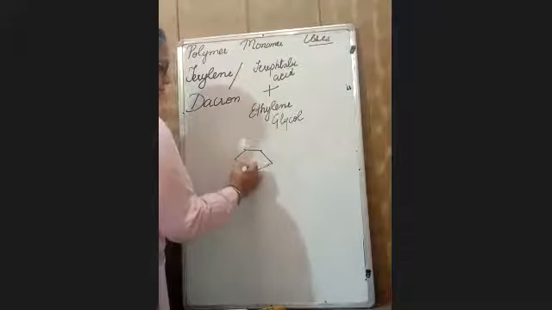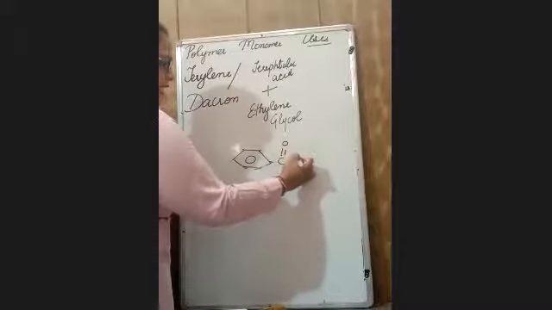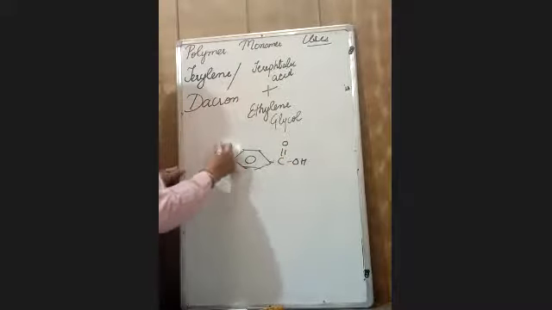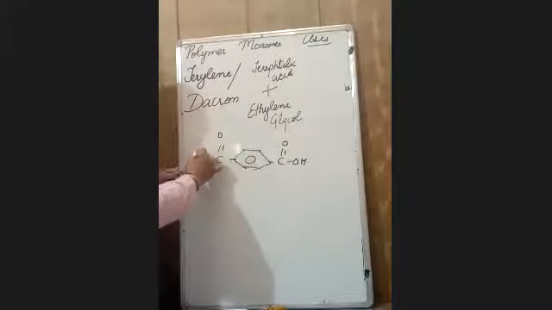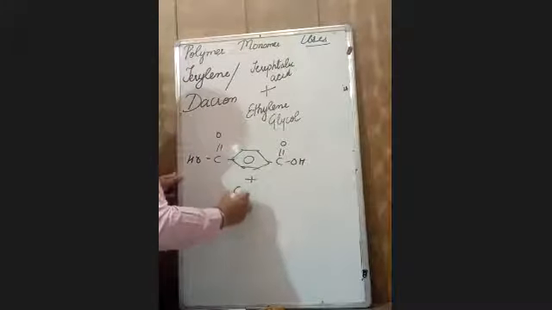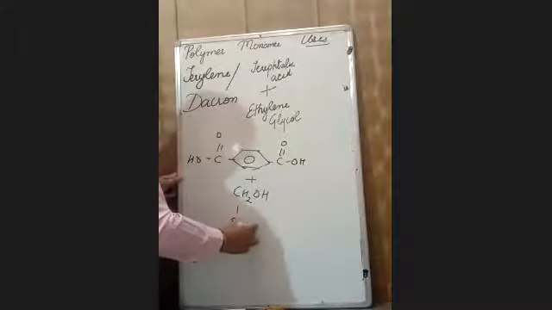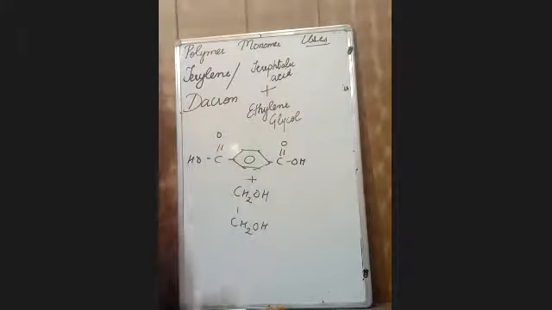Terephthalic acid is 1,4-dicarboxylic acid, and ethylene glycol is this. It is made up of two different types of monomers.